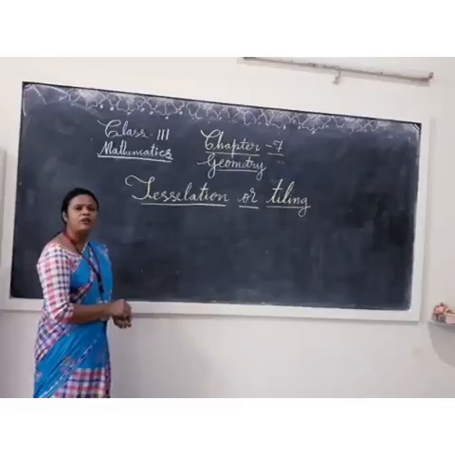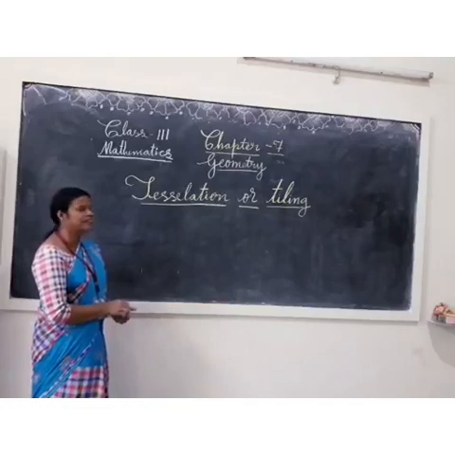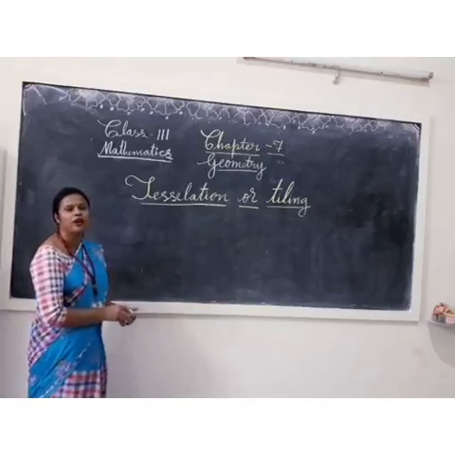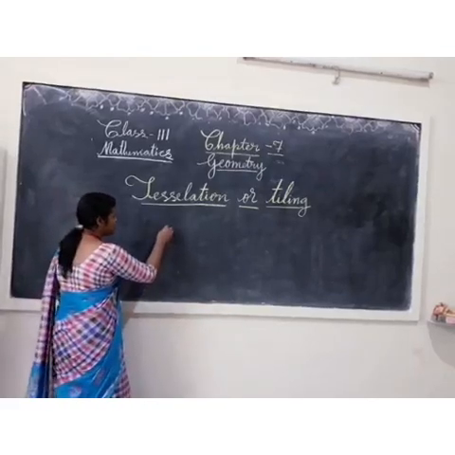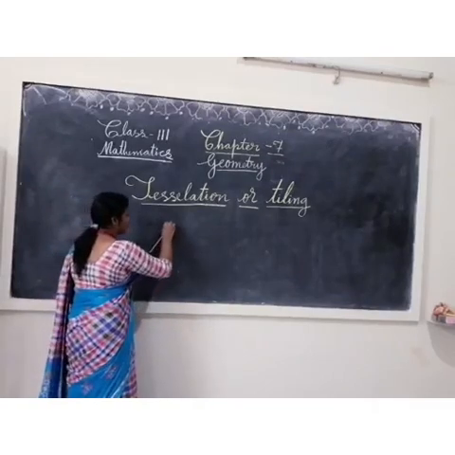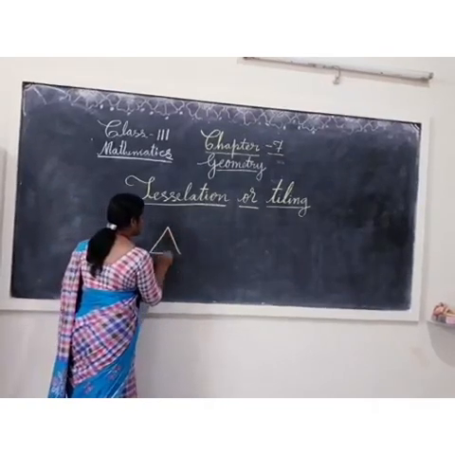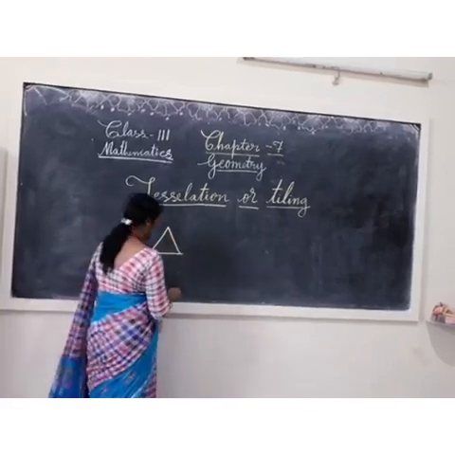Now let's see some tessellation shapes using triangle and square. First I will show you by using triangle. How to do?